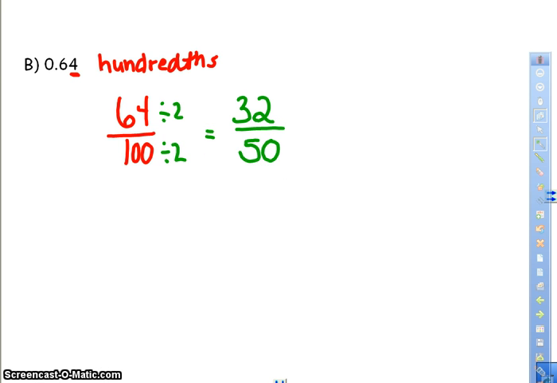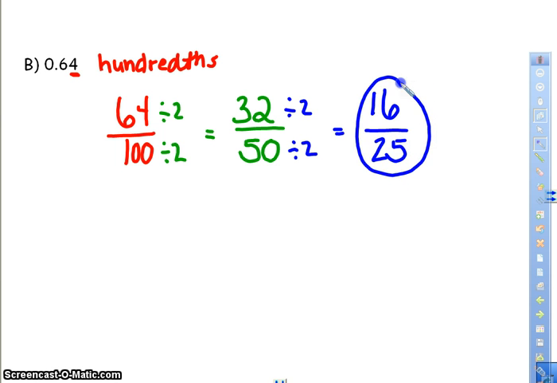Once again, they are both even, so I'm going to divide by 2 again. 32 divided by 2 is 16. 50 divided by 2 is 25. And I cannot go any further, and that's my answer. So 64 hundredths in simplest form is 16/25.